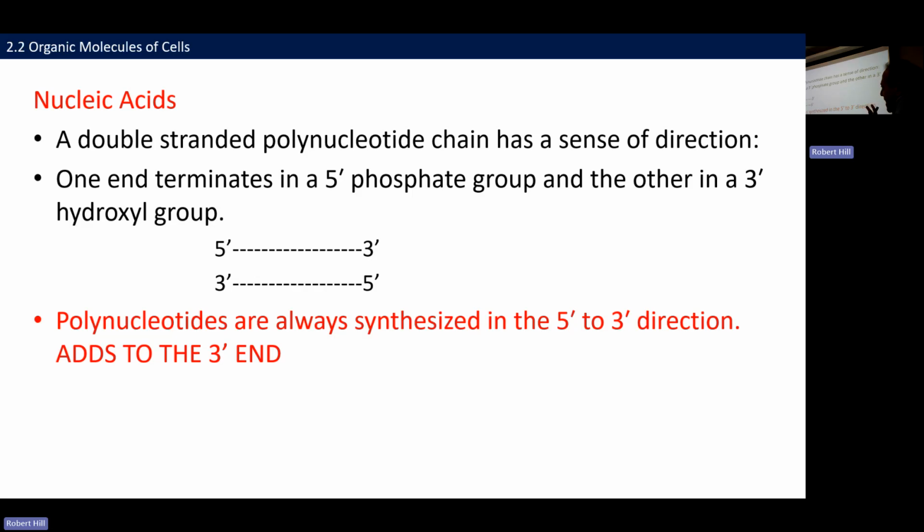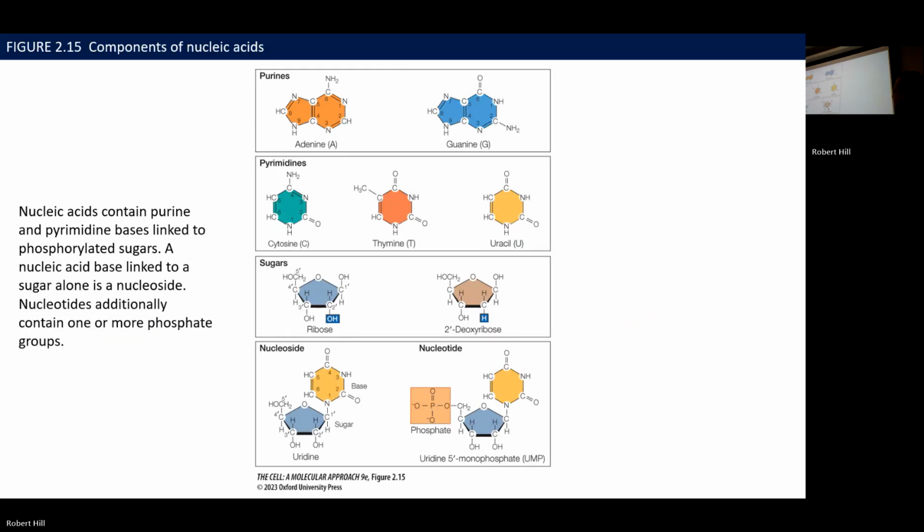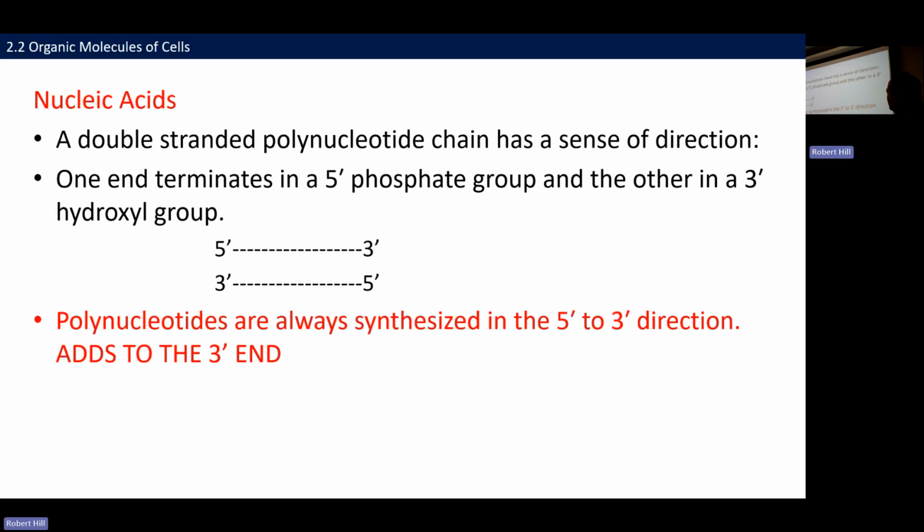The phosphate is attached to the 5' carbon. I'll show it on the next figure. And the hydroxyl group is 3'. Memorize this well. So it gives the molecule polarity.